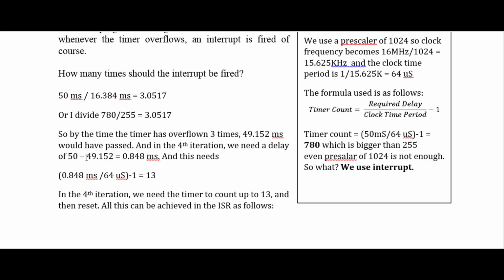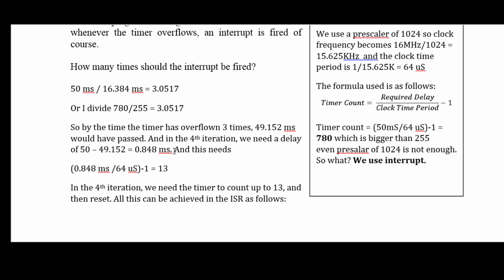So 50 milliseconds minus this value gives 0.848 milliseconds. This small interval plus the 3 iterations will give us 50 milliseconds. We divide 0.848 milliseconds by the new period, minus 1, and we get 13.